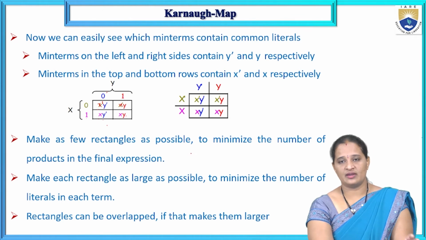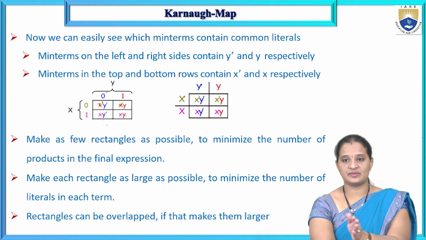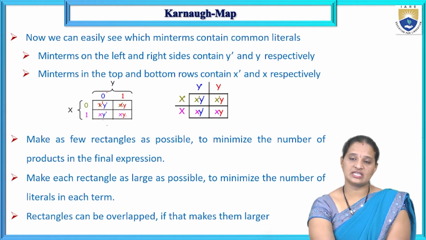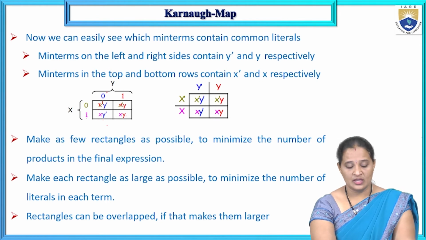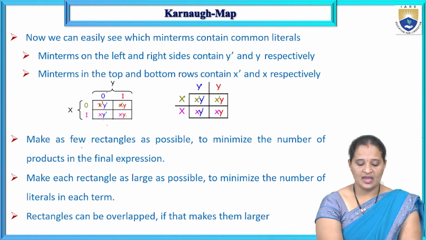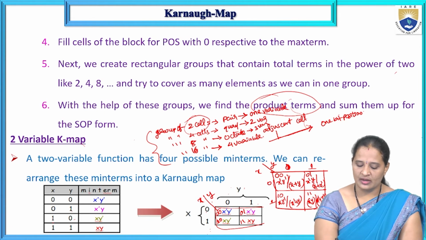As I told you, once the Boolean expression is mapped onto the K map, what is the next step? We need to form groups of adjacent cells. If you see this one, what is the binary value represented by this cell? 0, 0. And this one is 0, 1.